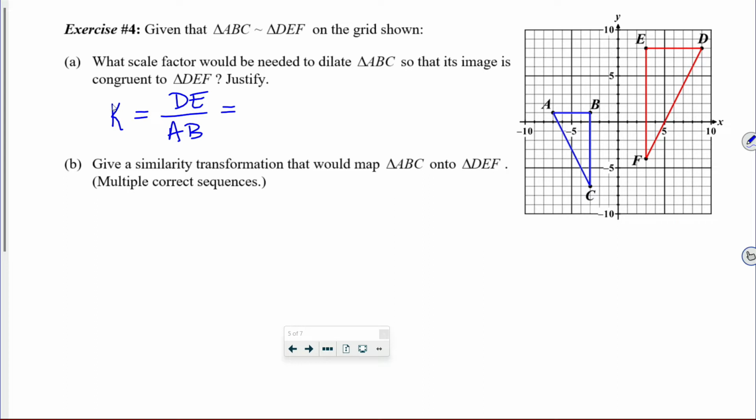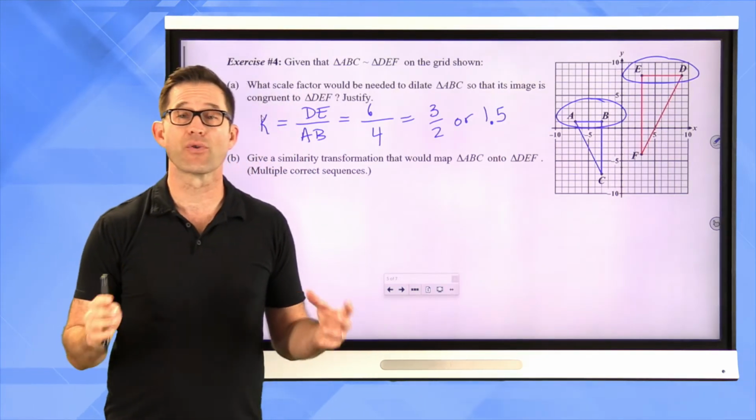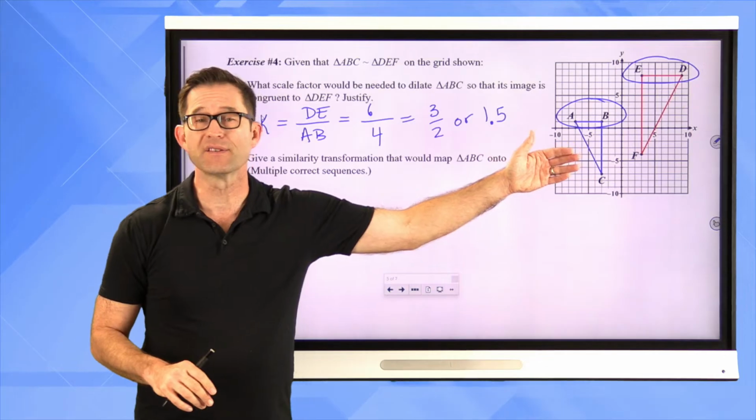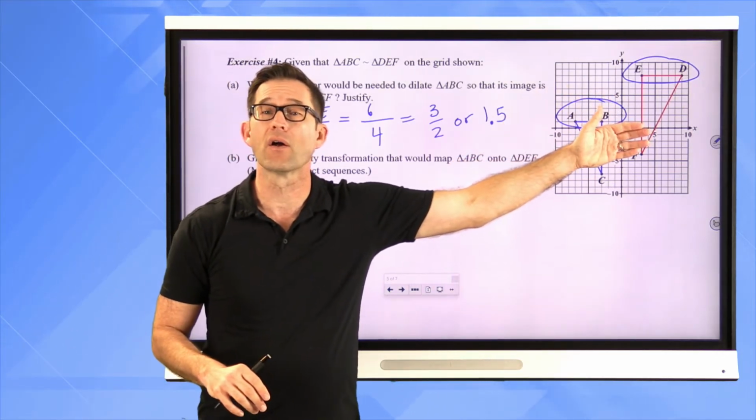So these two particular lengths, here and here, correspond to each other. DE has a length of 6, AB has a length of 4, and that will reduce down to 3/2, or if you like decimals, 1.5. Right? And again, it makes sense that the scaling constant is larger than 1 because we're trying to dilate a smaller triangle to create a larger triangle.